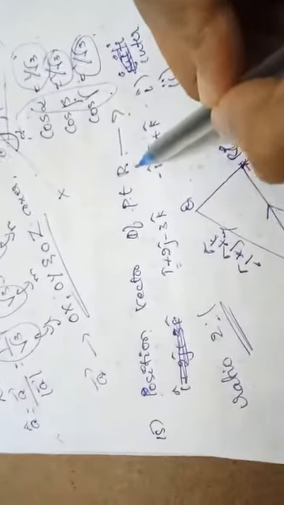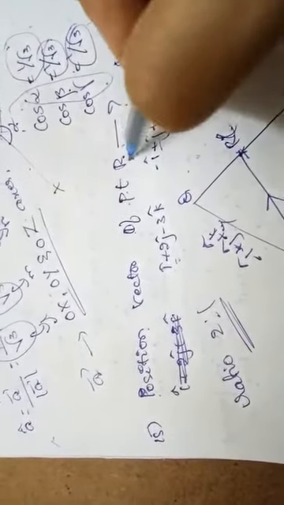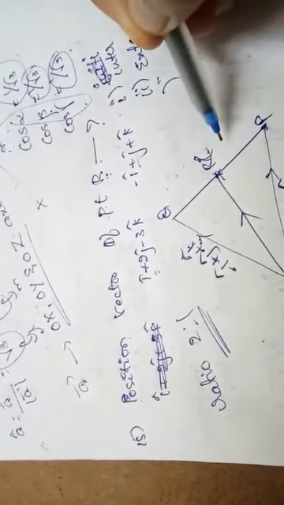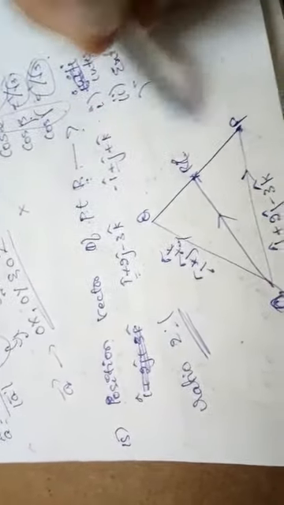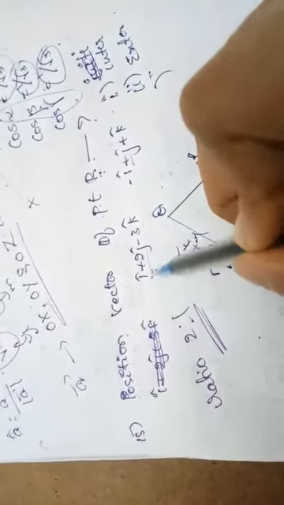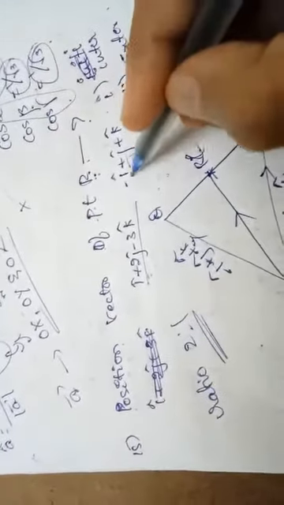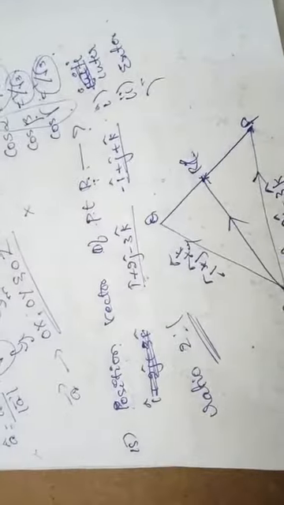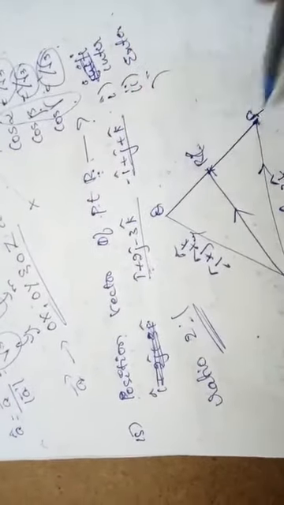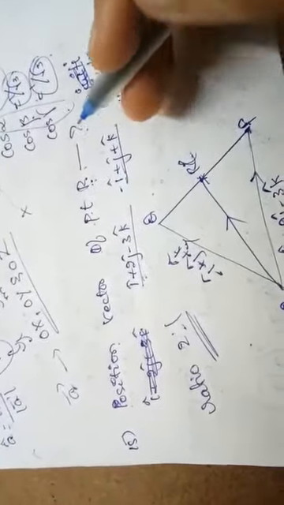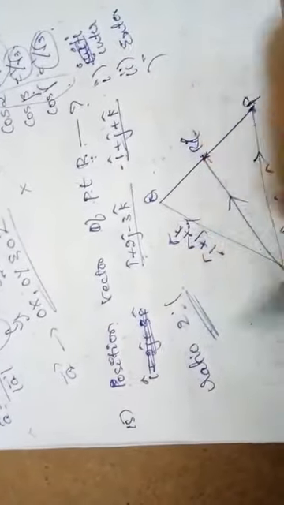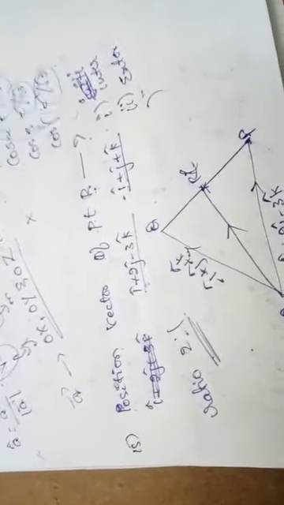We need to find the position vector of the point R, where this point R divides the line joining the points P and Q, whose position vectors they have given, and this point R divides PQ in the ratio 2:1 internally as well as externally.